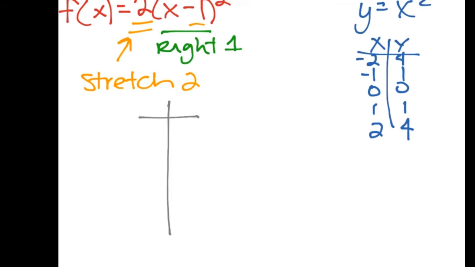So, in order to do that, we're going to use the stretch by 2, which if you'll recall, affects my y-axis. And since it looks like multiply, it's also going to be multiply for the rule. My right 1 is going to affect the x-axis, and so I'm going to put x plus 1.